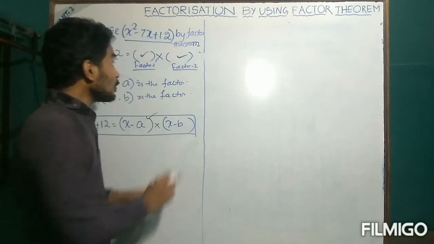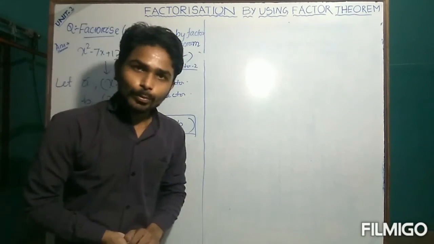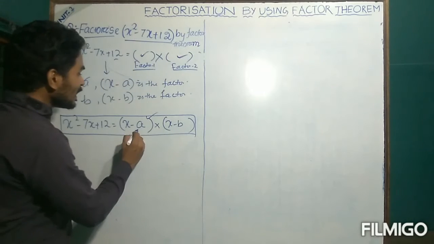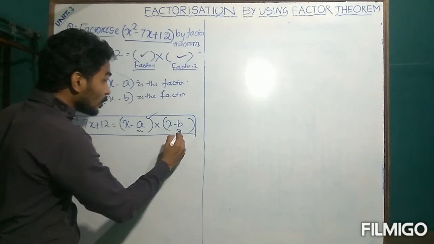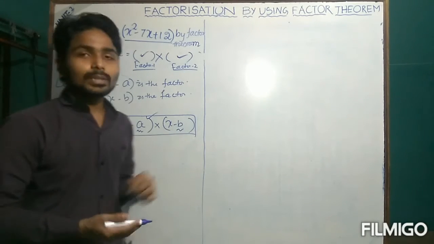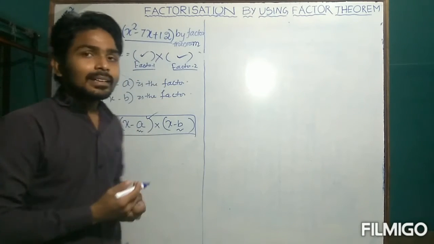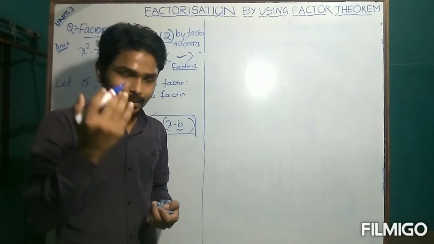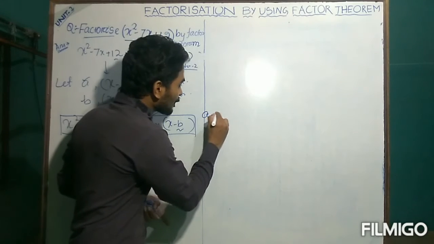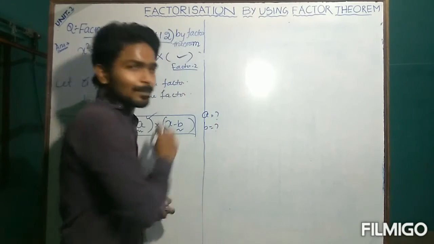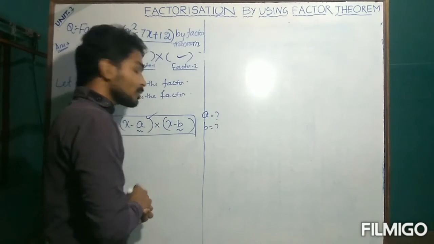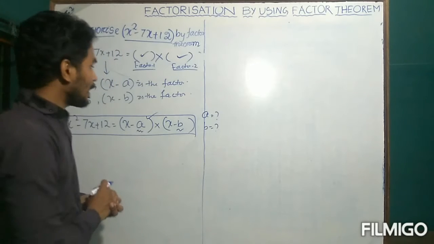Now it is clear that the quadratic polynomial will be converted into the product of two linear polynomials. We have completed what the question asked, but one thing: we do not know the values of these two zeros, a and b. So now we will find the values of a and b, as we did in question 1.